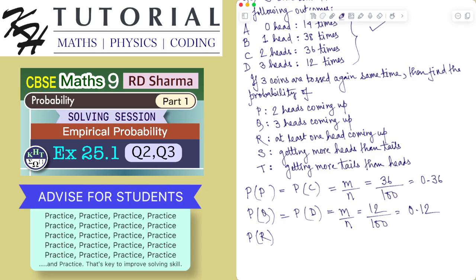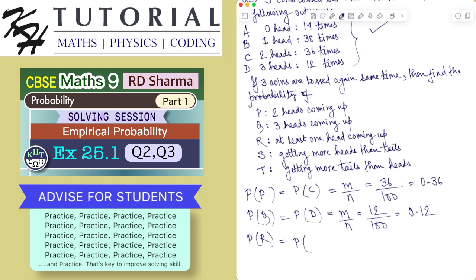So this will be equal to probability of 1 head coming up, which will be probability of B, plus probability of 2 heads coming up, which will be probability of C, plus probability of 3 heads coming up, which will be probability of D.